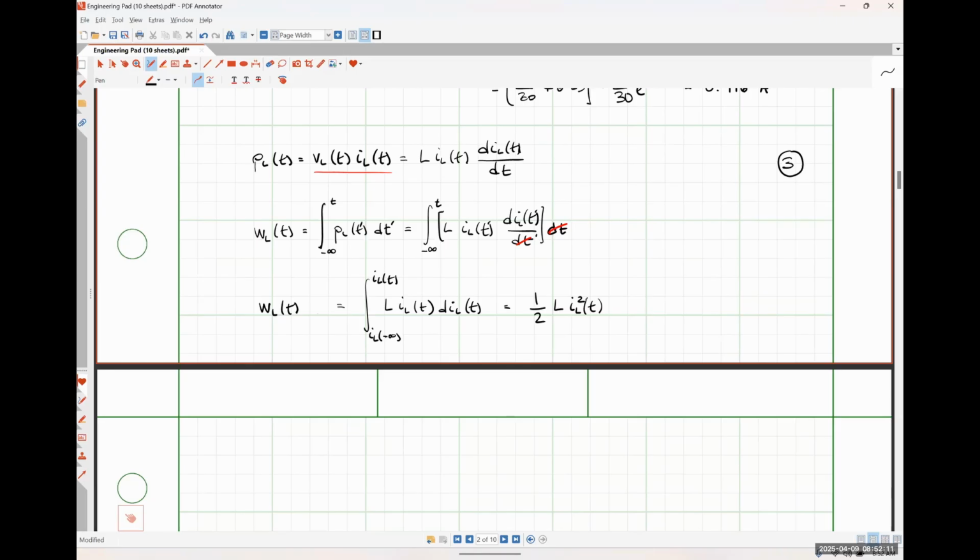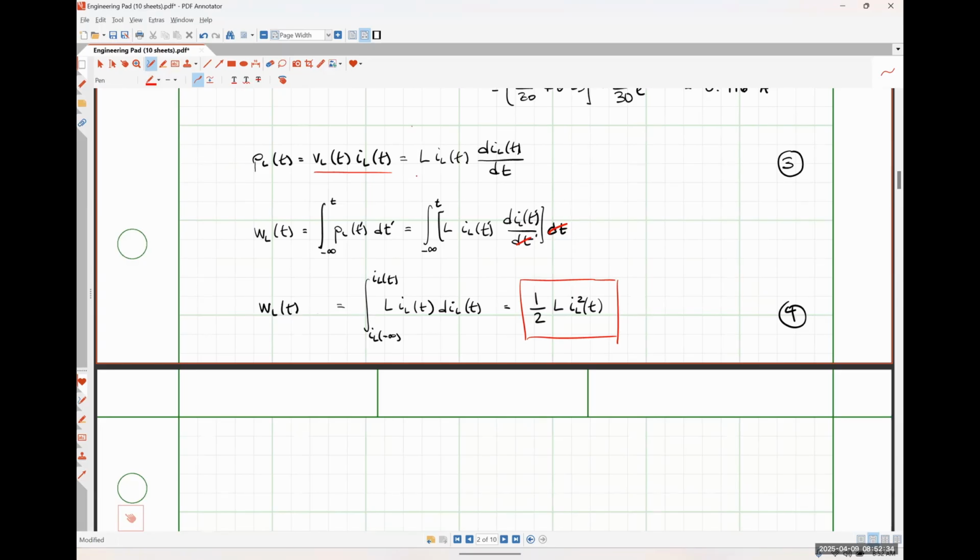Okay. So this is our relationship for the energy stored by an inductor. So we can determine both power and energy only in terms of current if we were so inclined. Okay.